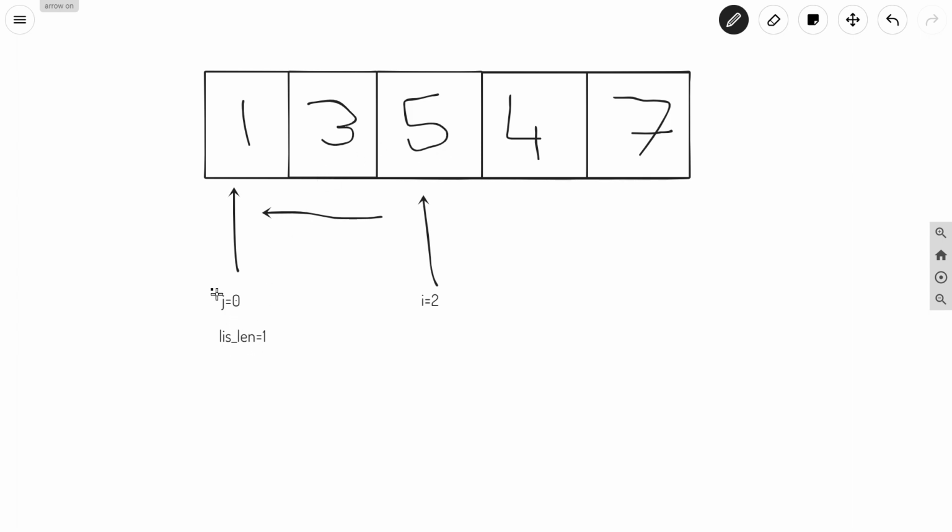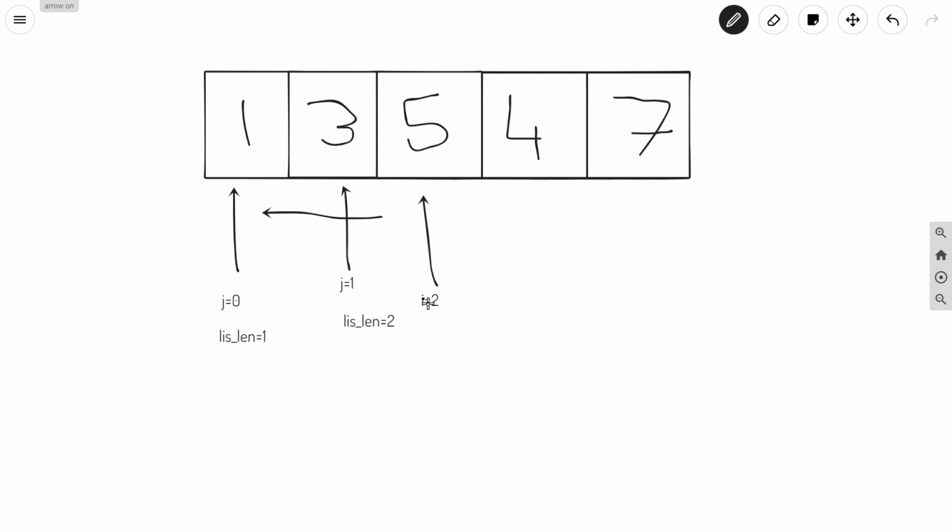So we are going to store the length of LIS. For j equal to 0, the length is 1. For j equal to 1, sorry, the LIS length is 2, that is 1 and 3.